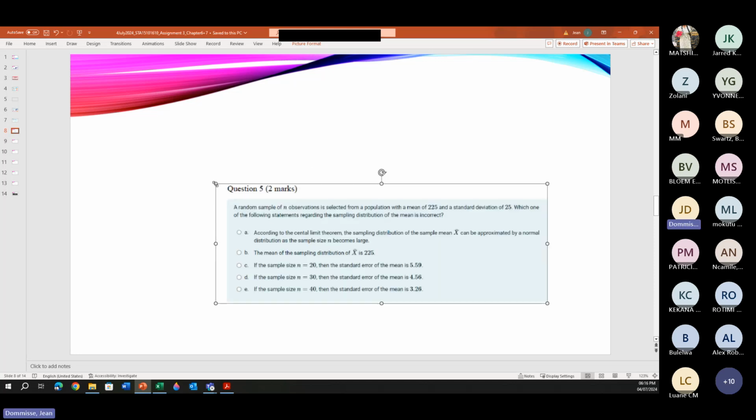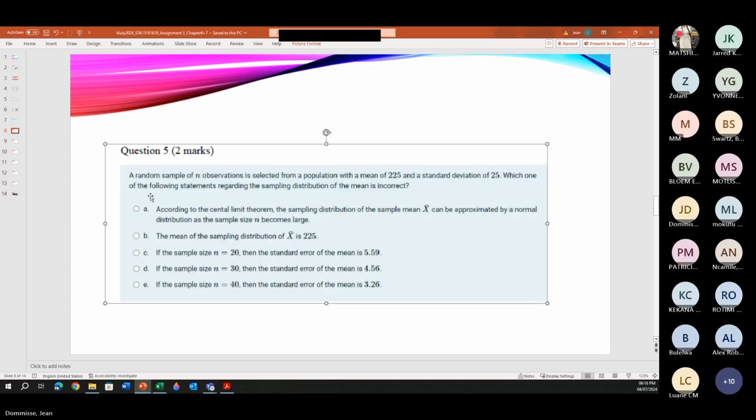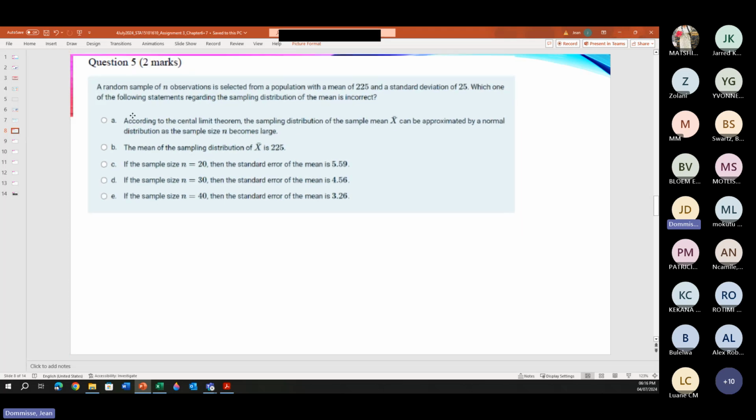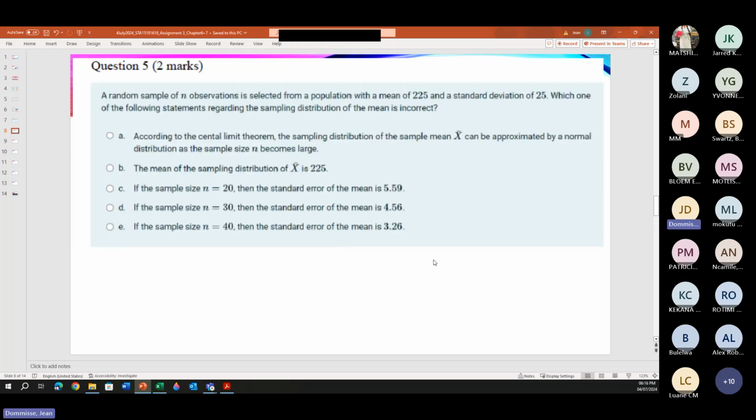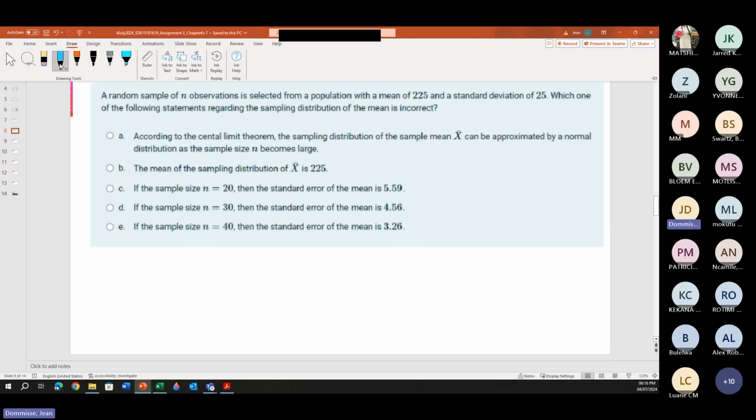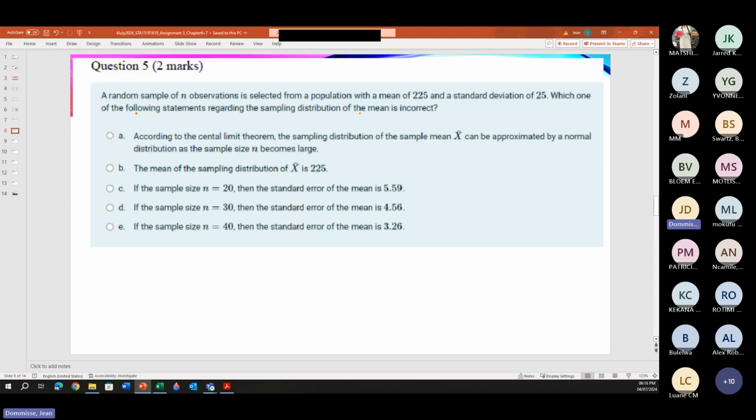And let's see. I know there was a very interesting question in these that might sometimes be very confusing. So in this one, they tell us, okay, we've got a random sample of N observations selected from a population with a mean of 25 and standard deviation of 25.